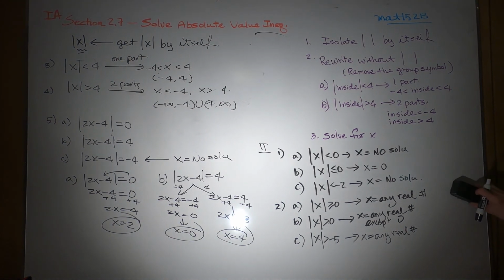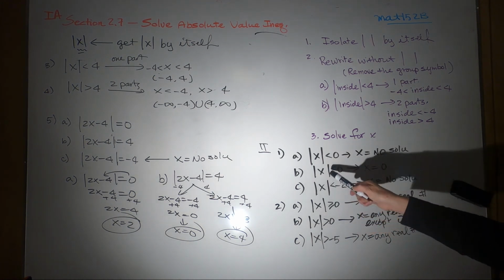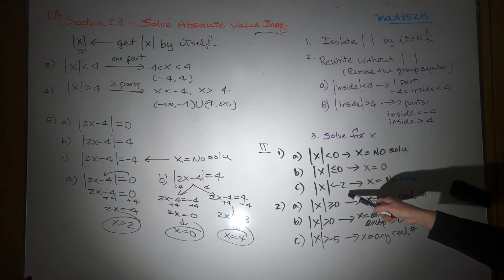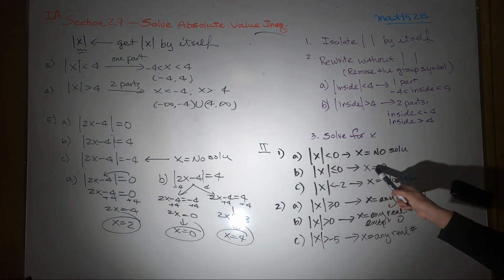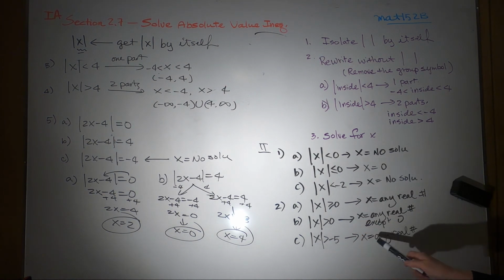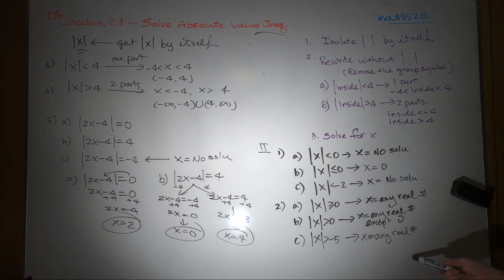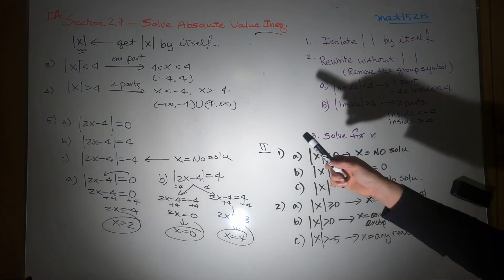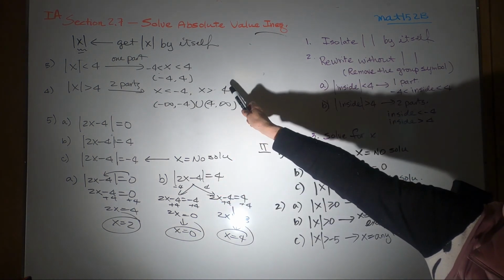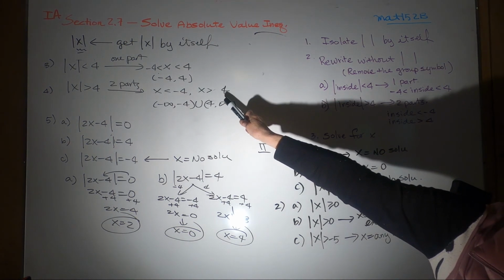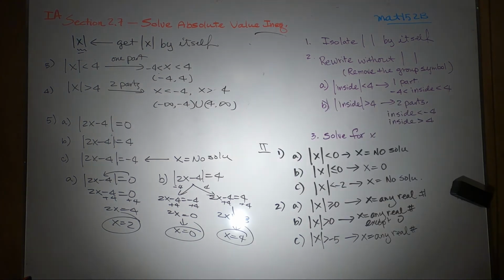So what did we just do? We did absolute value inequalities. Then we solve it. If less than 0, not possible. Equal to 0 is 0. Bigger than 0, always, right? Bigger than a negative number, always. For the single inequalities, with x by itself, you have one part or two parts.